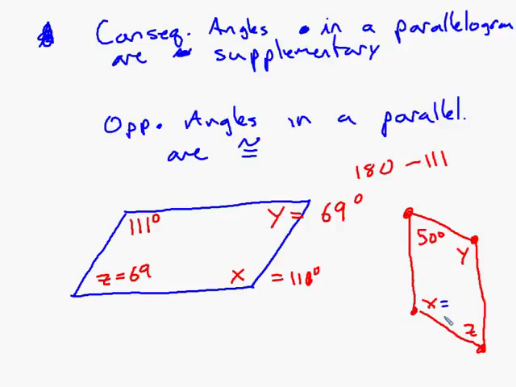Let's get X first. What's X? 130. Which means Y is 130, and Z is 50. Good.